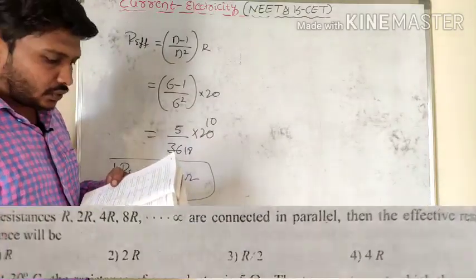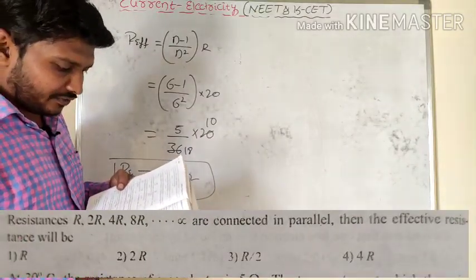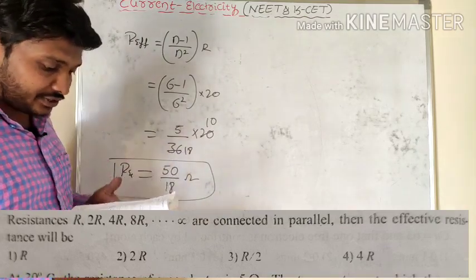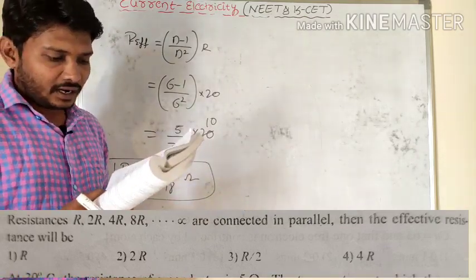Resistances R, 2R, 4R and 8R up to infinity are connected in parallel. In which combination are the resistances connected here? In parallel combination.